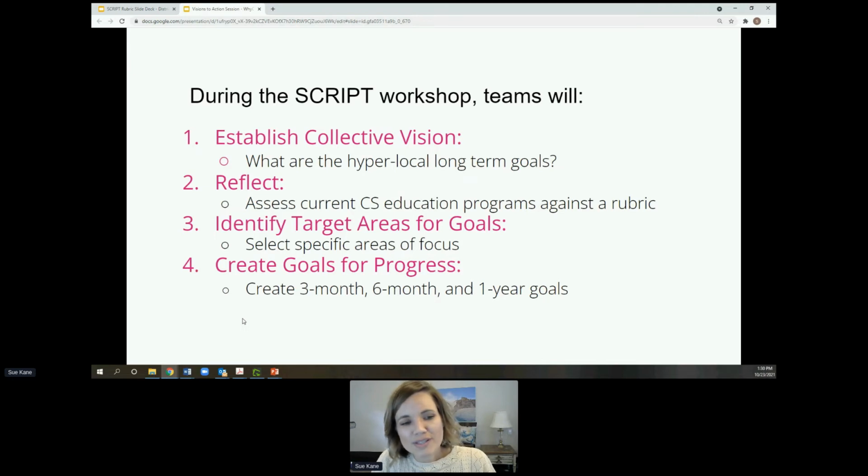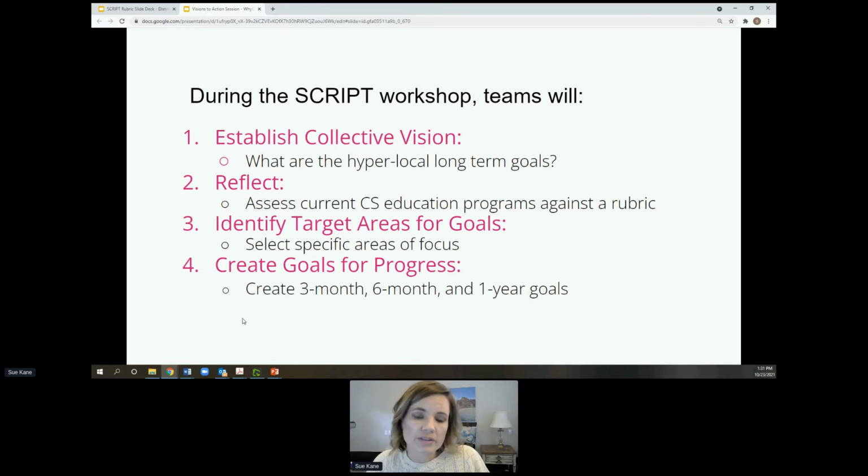And then what you do is you set some goals, and specifically, you're going to set some 3-month and 6-month and 1-year goals that are attainable. And this part is really intentionally done so that most SCRIPT workshops are going to happen between the months of November and January, so that the 3 and 6-month goals are within the same calendar year. We're not making the long-term 5-year goal.